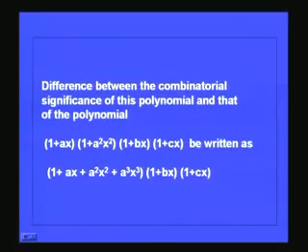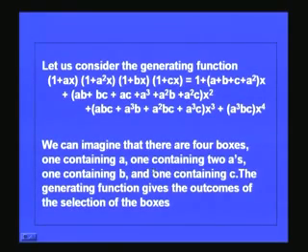This is different. Here you are allowing A to be selected once, twice, thrice and so on. So that is not the same thing. So if you look at this expression, 1 plus ax into 1 plus a squared x into 1 plus bx into 1 plus cx, if you expand, it will be like this.